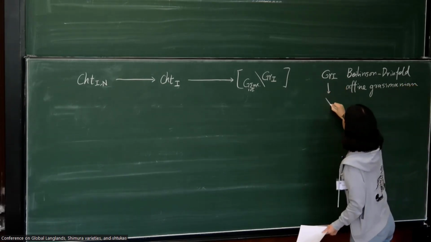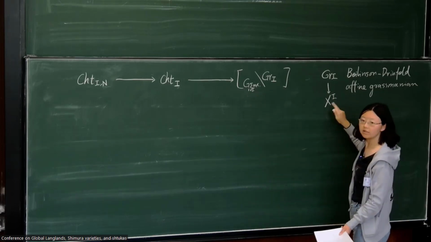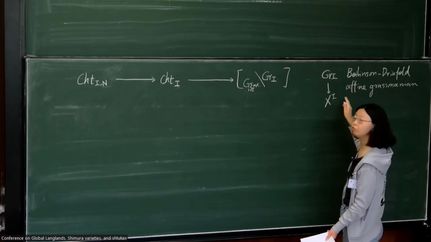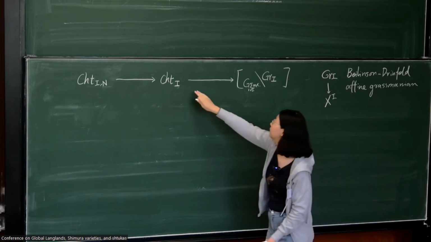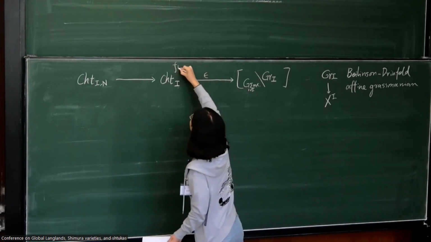It is over X^I, and this is a group scheme over X^I, which is a family version of a positive loop group, which acts on the Grassmannian, and we have a morphism which is formally smooth.